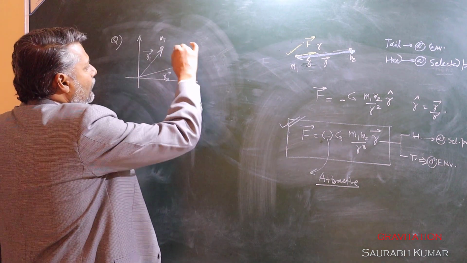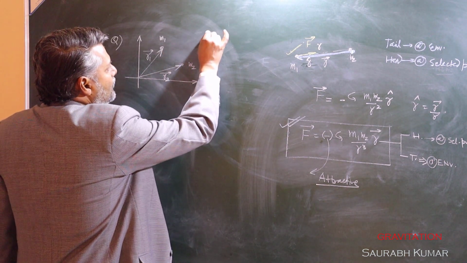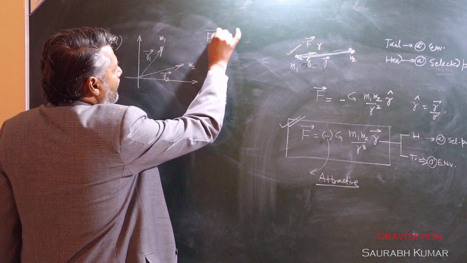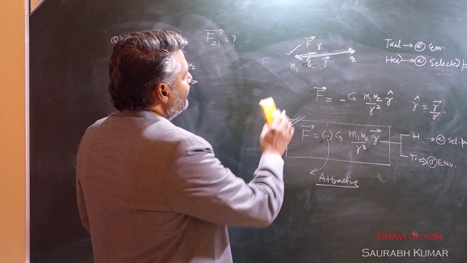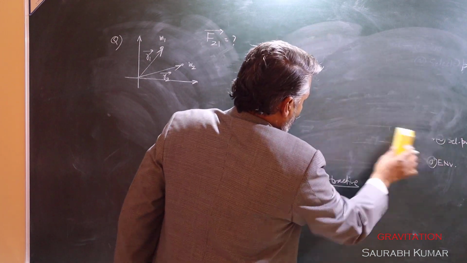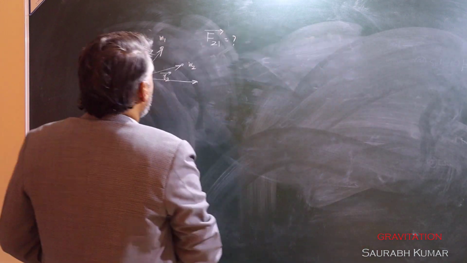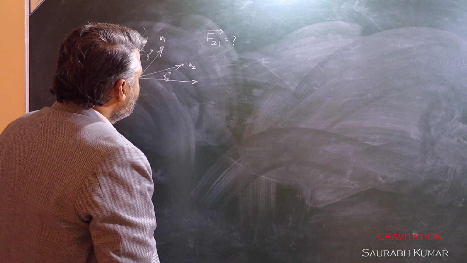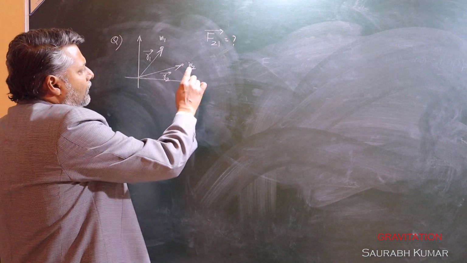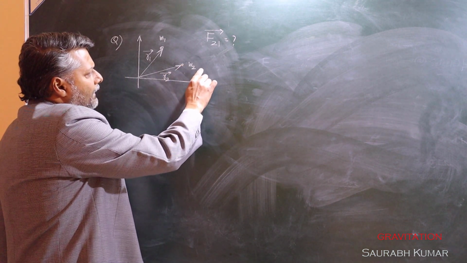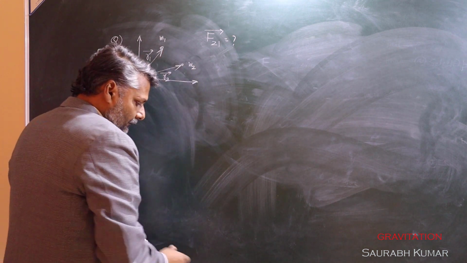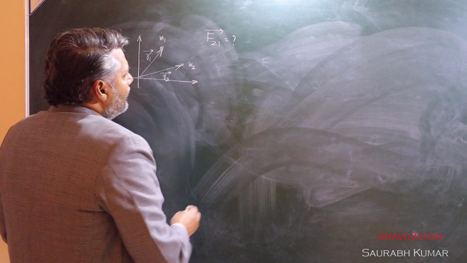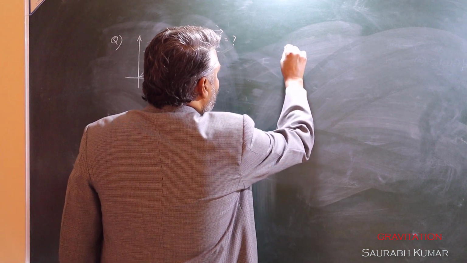How much is the force on 2 because of 1? We have to write that force using vector notation. So how will you write that? Which particle do we have to select? M2. Who is playing the role of environment? M1.